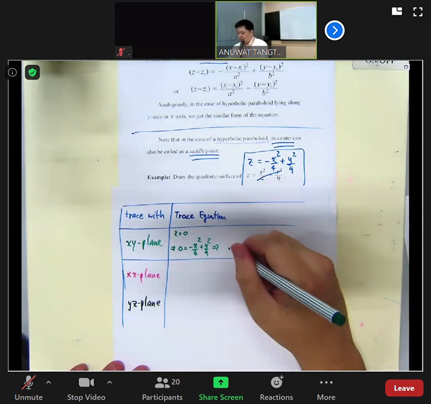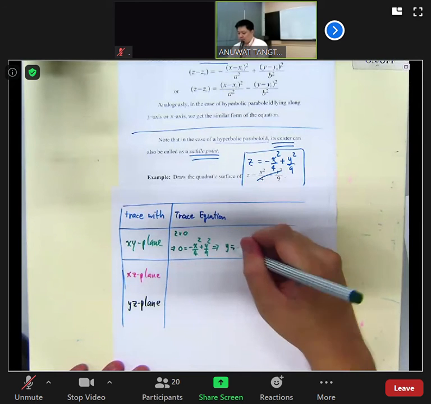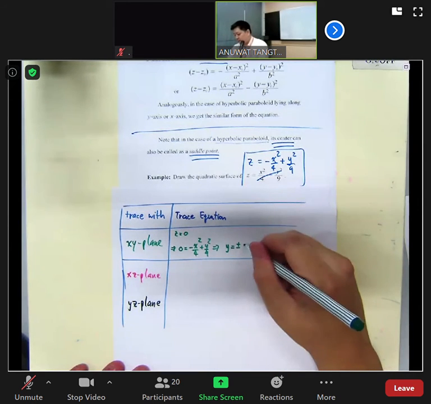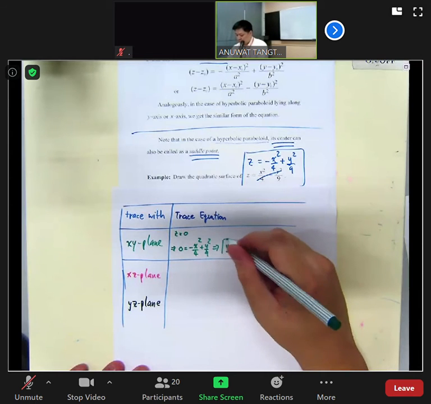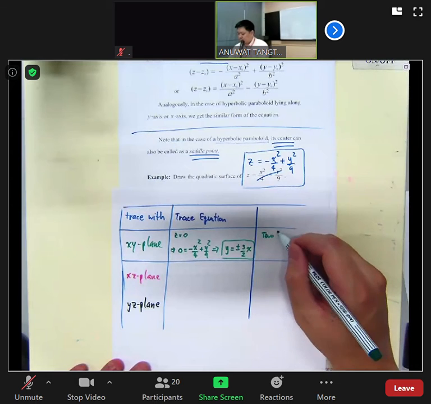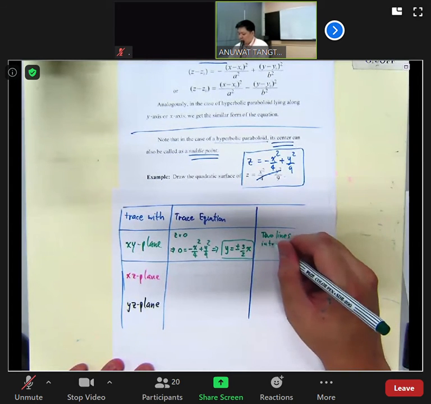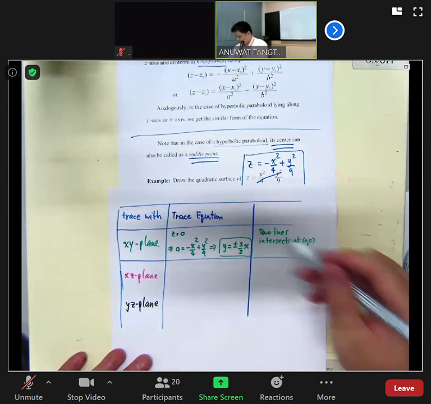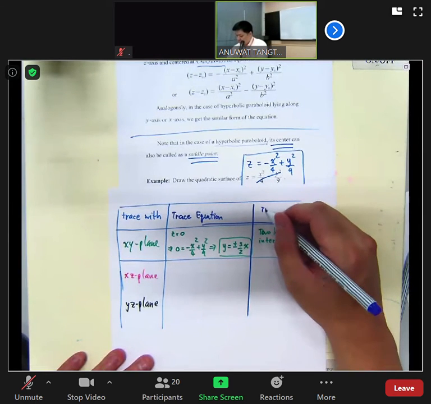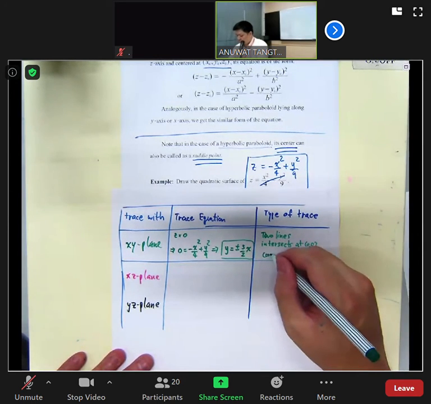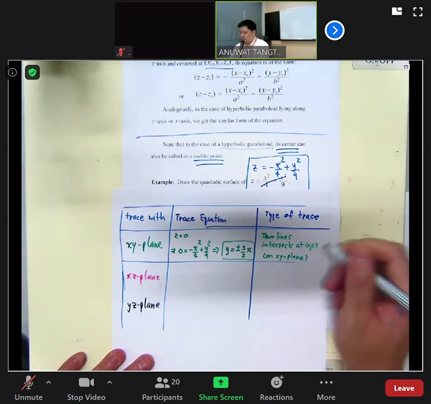You can try to do it by yourself, that becomes plus or minus y equal to plus or minus 3 over 2 x. That becomes two lines intersecting at the origin, say on the xy plane.